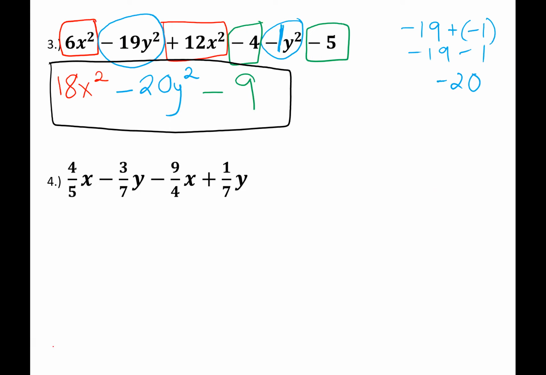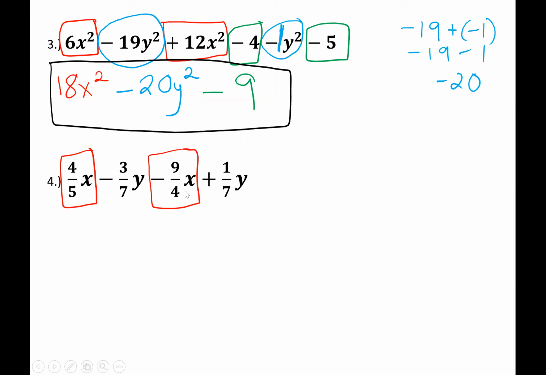4/5 x is the first one that I will circle. And let's find another term that also has the same variable. So the next term I see with an x is this minus 9/4 x. Okay, so what I've circled here is 4/5 x and minus 9/4 x.